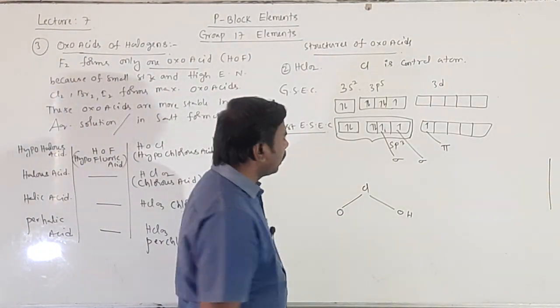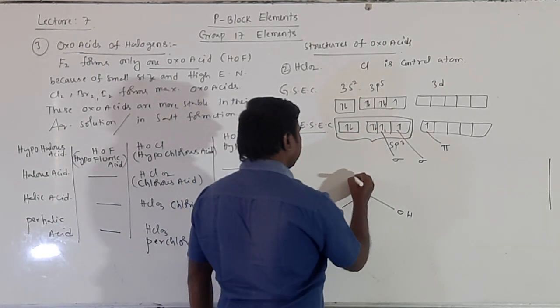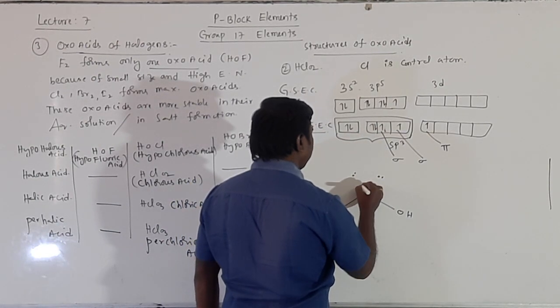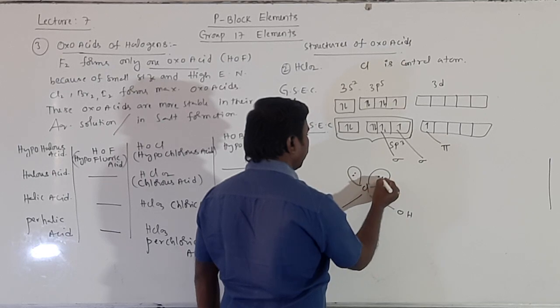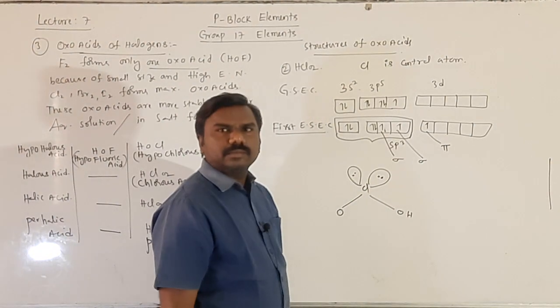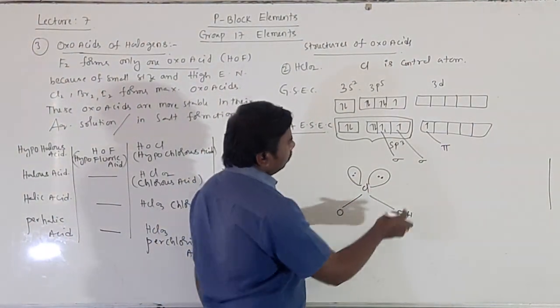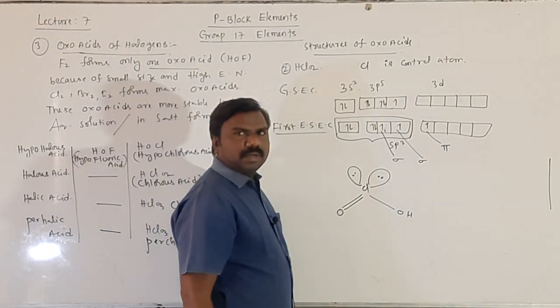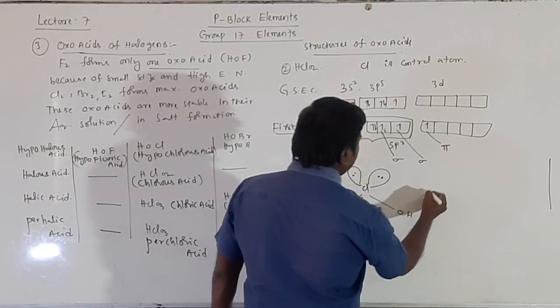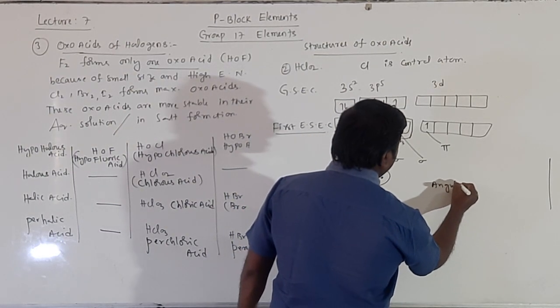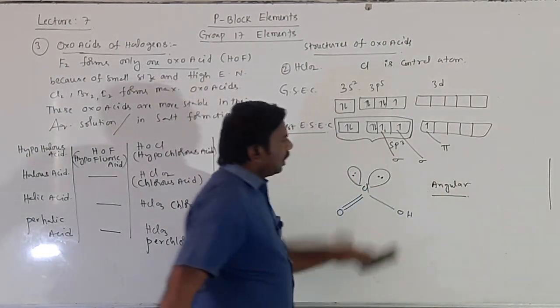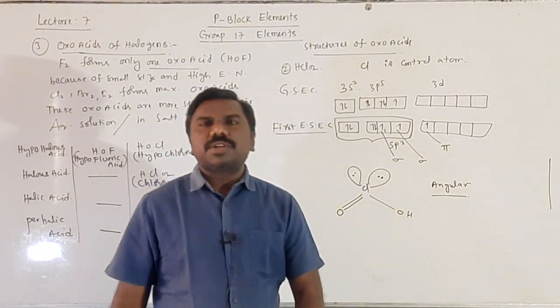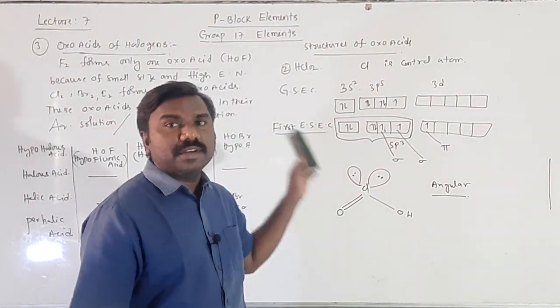HClO2, no? 2 lone pairs are there. One pi bond with oxygen. 1 sigma, 1 pi bond. Right? Shape is angular. Hybridization is sp3 in first excited state.